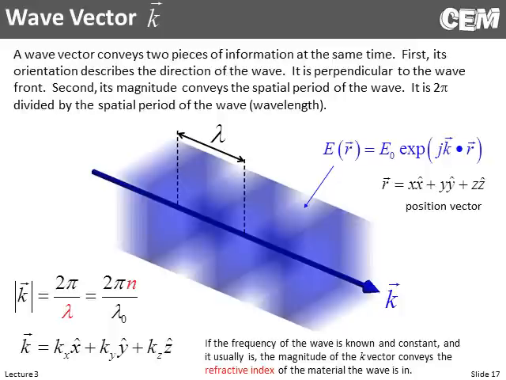The k vector is going to be this because the wave is trucking along left to right. So that's what the direction indicates. The magnitude: the wave has a period we'll call wavelength, the period that it repeats. 2 pi divided by that period is the magnitude of the k vector. So the two pieces of information that it conveys are the direction of the wave and the period. And it's not directly the period, it's 2 pi divided by the period.